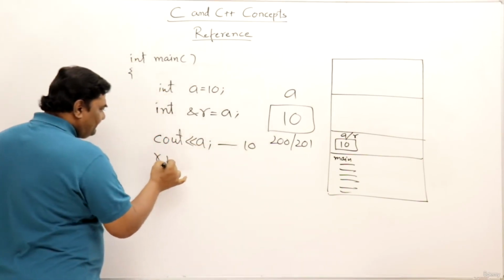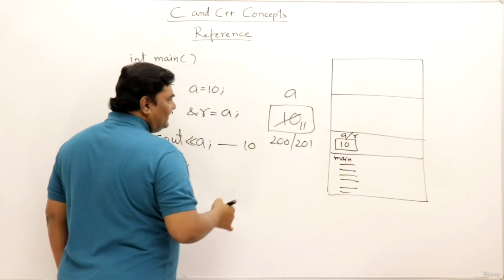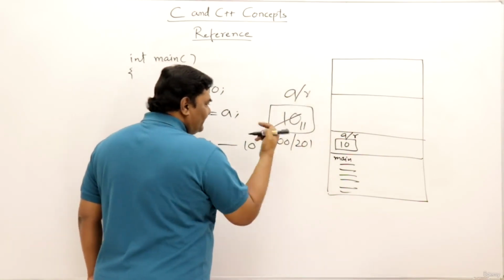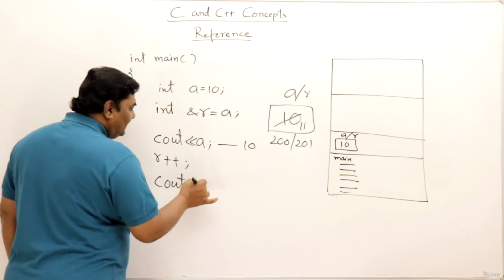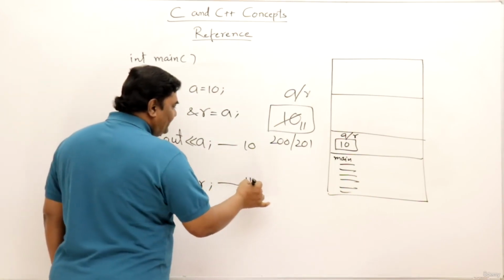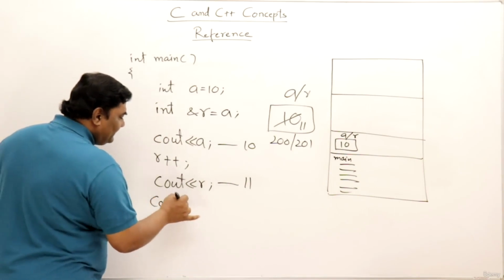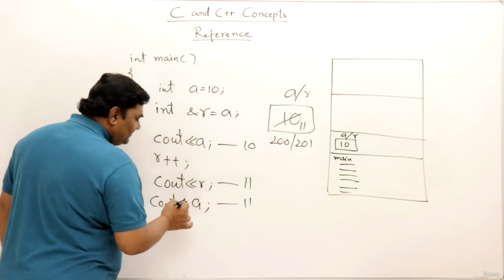And if I say R++, then this value is increased to 11 because the same value is R now. So the address of R is also 200. If I say cout R, then it will print value 11. So the same value. If I again say cout A, then I'll get the same value 11.